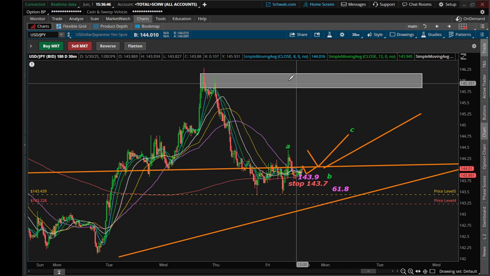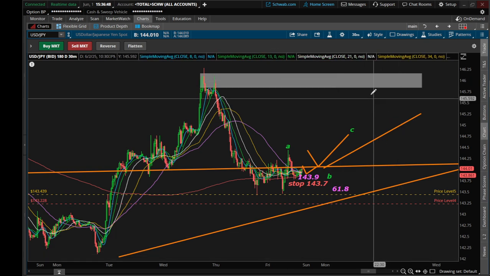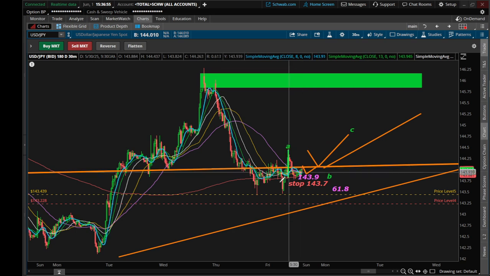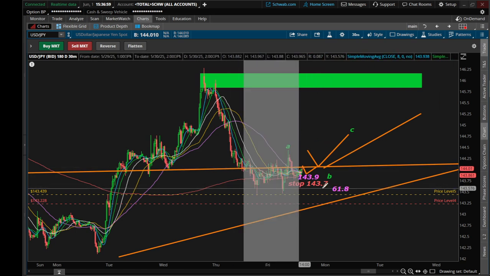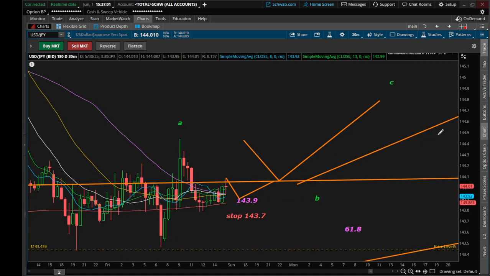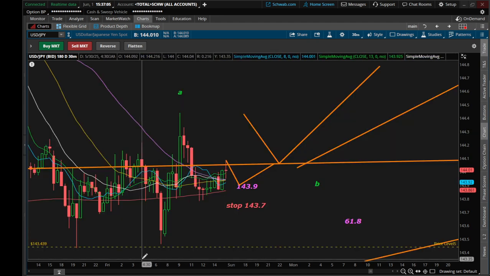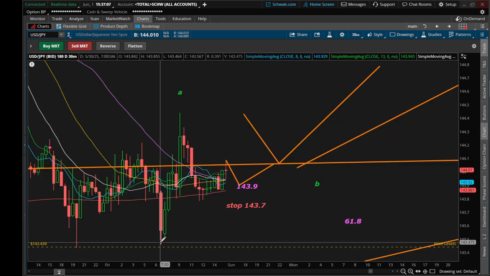That's my target. So if we had already started the move up, let's see here, I think I have it labeled as maybe this.